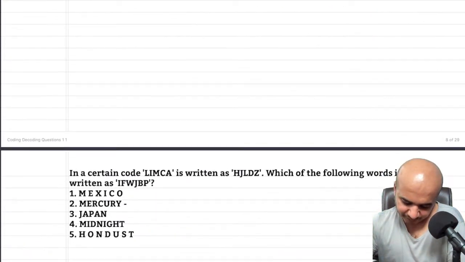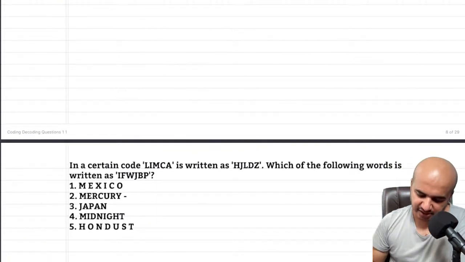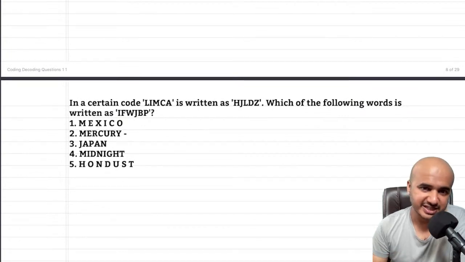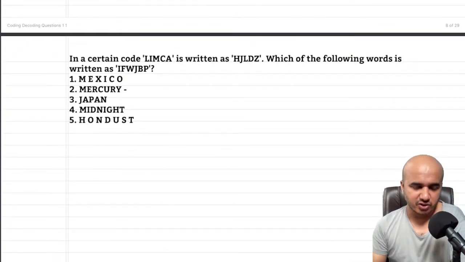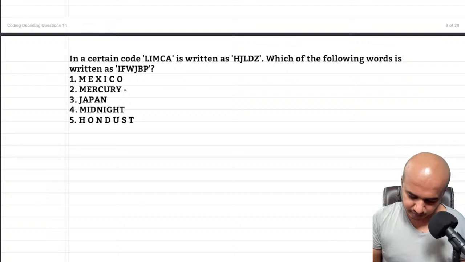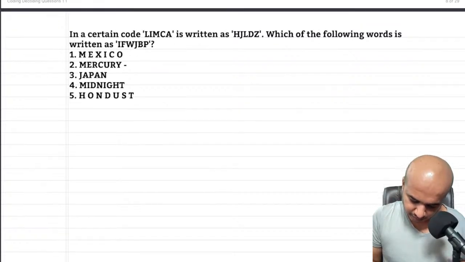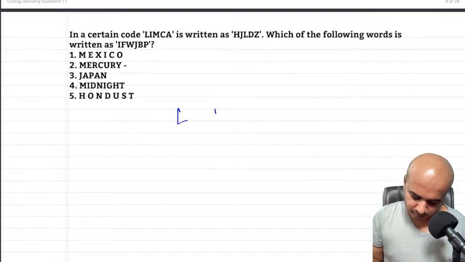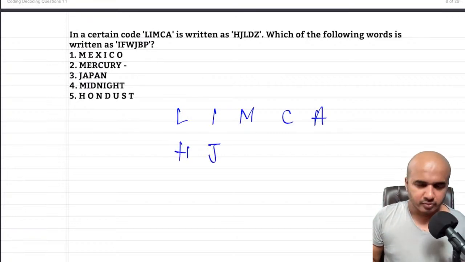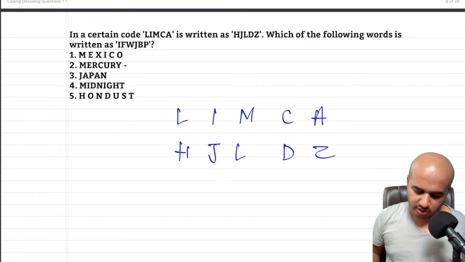In a certain code, Limca is written as HJLDZ, sorry. Then how would IFWJBP be written? Okay, first of all, let's decode this. HIJKL. So there's obviously some relationship.